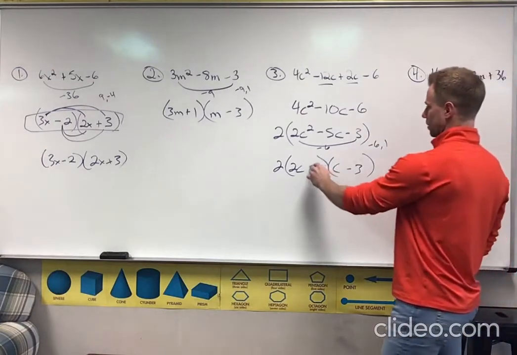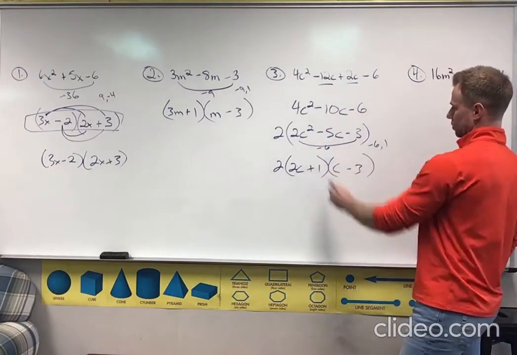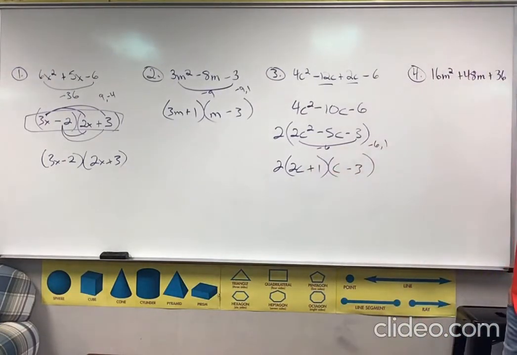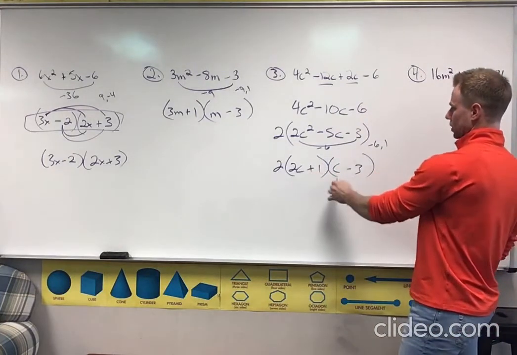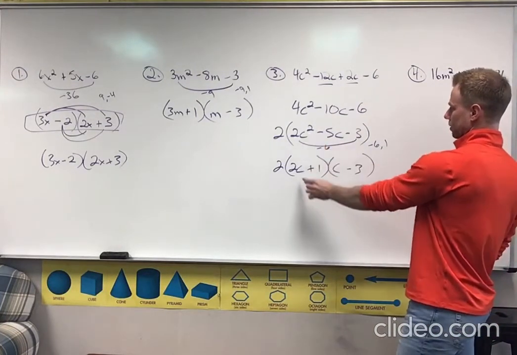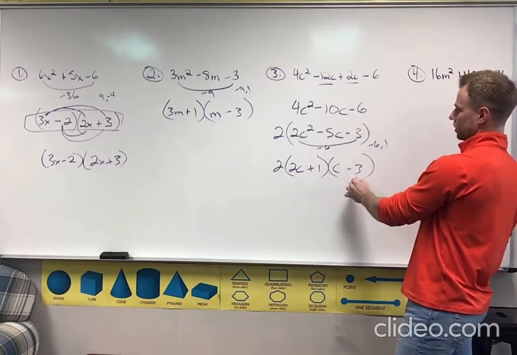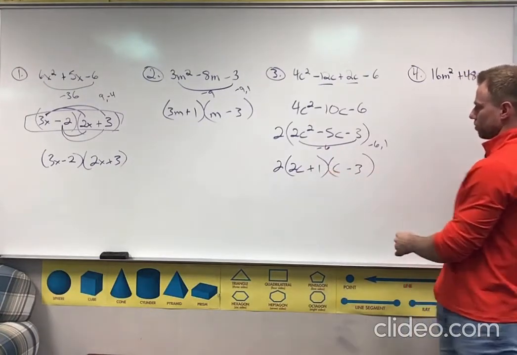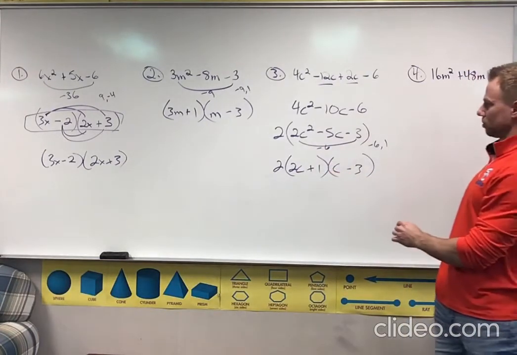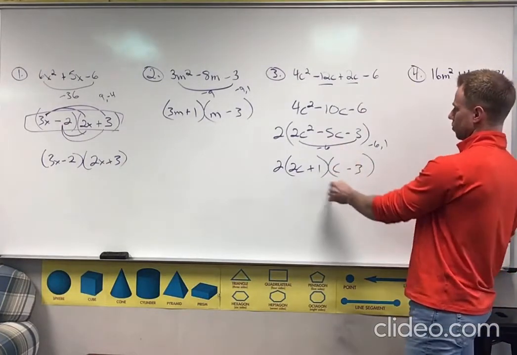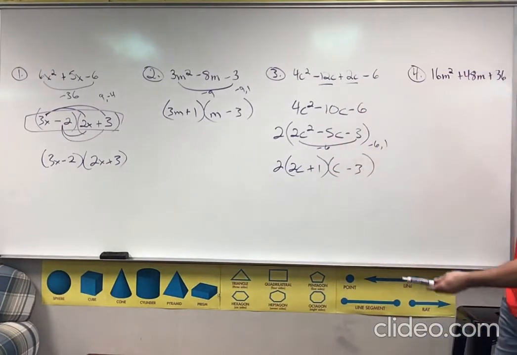And then we put the 1 over here. 1 divided by 1 is just 1. And let's check that. So that would be 2c times c is 2c squared. 2c times negative 3 is negative 6c. 1 times c is a positive 1c. So negative 6c plus 1c is a negative 5c. 1 times negative 3 is negative 3. So that all works. That would be our factored one.